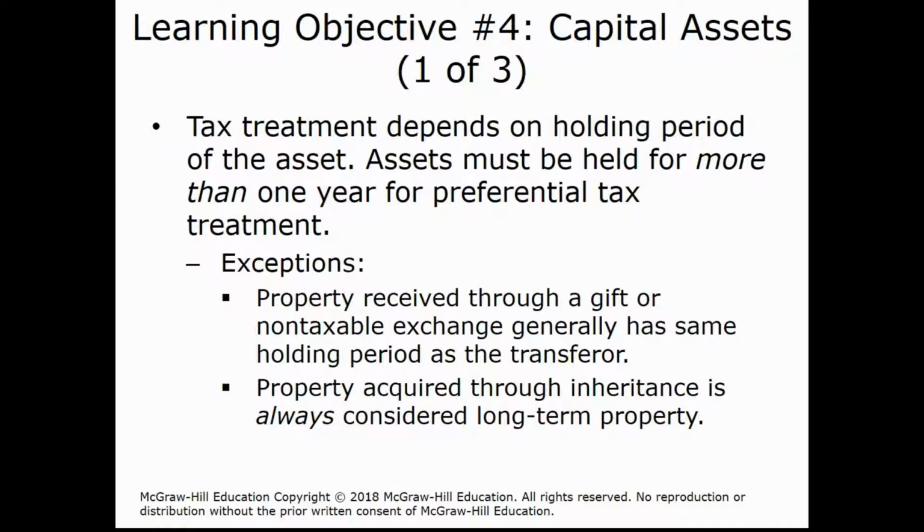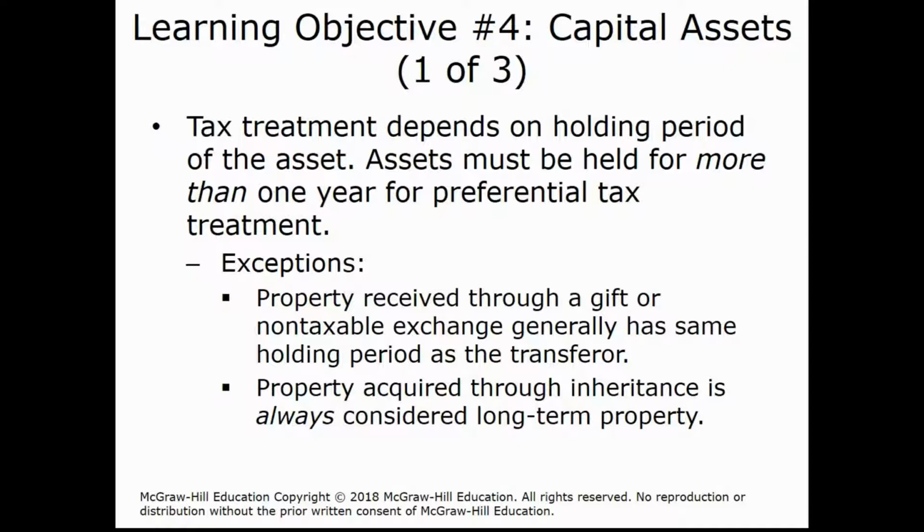A property received through a gift or non-taxable exchange generally has a holding period of the transferor, so you really step into the shoes of the giver of the gift, the donor of the gift, for example, and then you'll take their holding period.